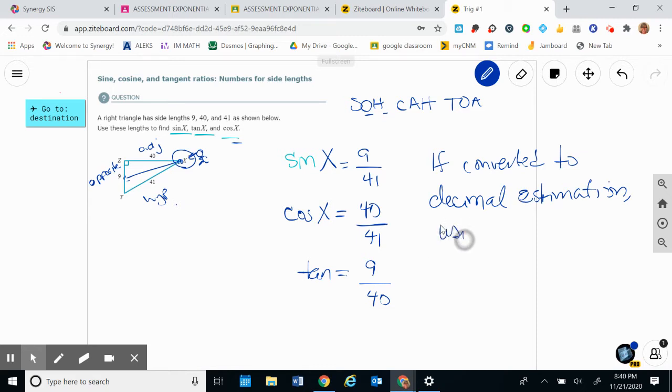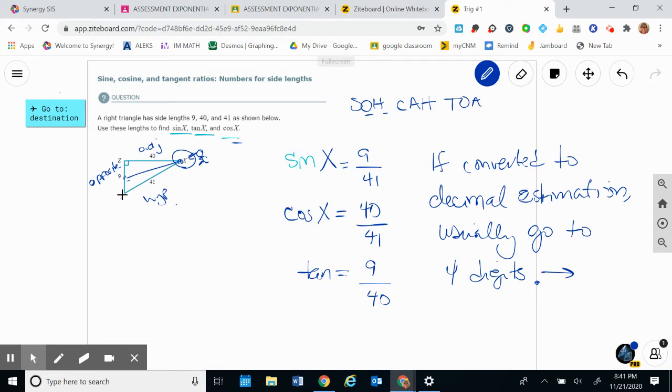For estimation, we usually go to 4 digits to the right of the decimal point. They'll tell you what to do. Sometimes it's safer to go to 4 digits. So that's it.